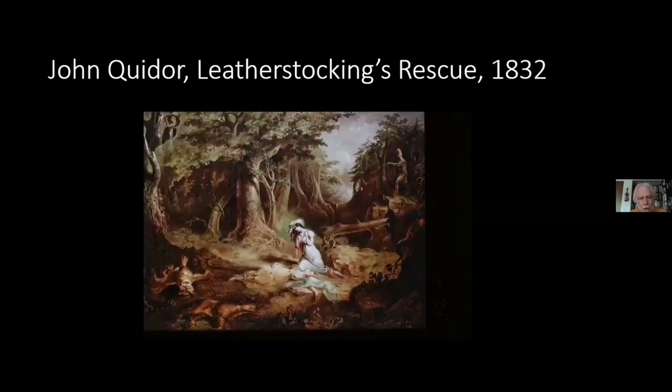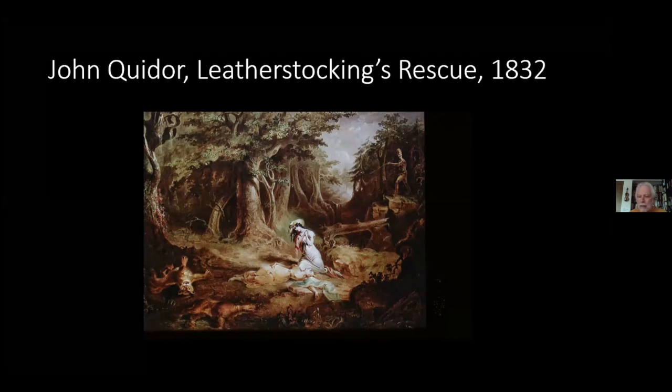John Quidor, the artist I mentioned, who I had done my dissertation on, also took on subjects from The Last of the Mohicans and other things from the whole Leatherstocking series, Natty Bumppo, and so forth. And here, his paintings are quite different than Cole. His view of nature is a little different. He brings the scenes a lot closer. It's probably more clearly influenced by Dutch 17th century paintings, which he probably knew through engravings.